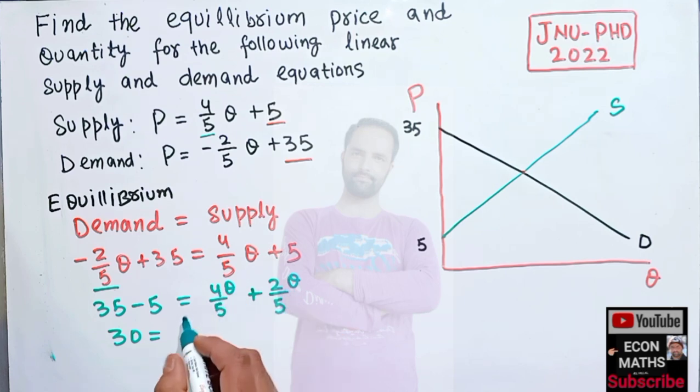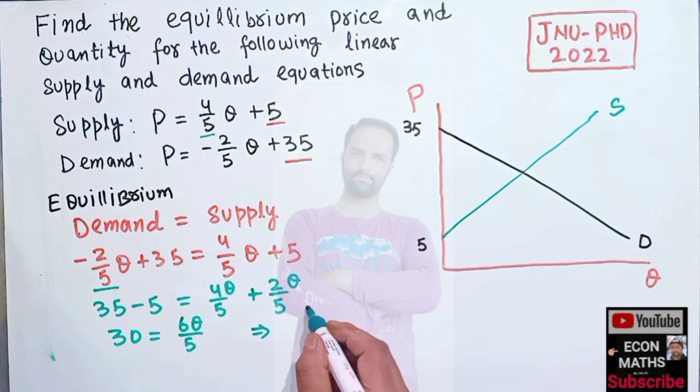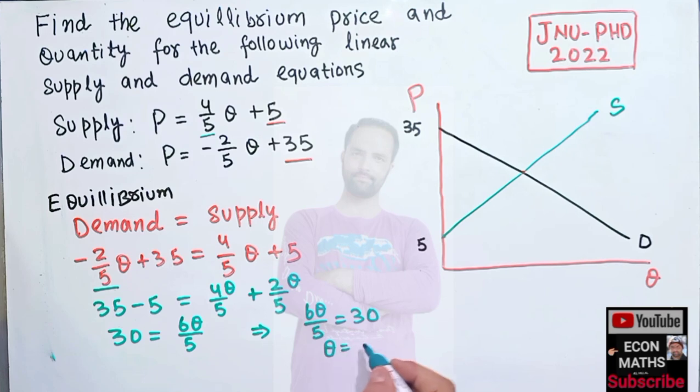So 4Q plus 2Q is 6Q upon 5. That gives us 6Q upon 5 is equal to 30, which implies Q is equal to 30.